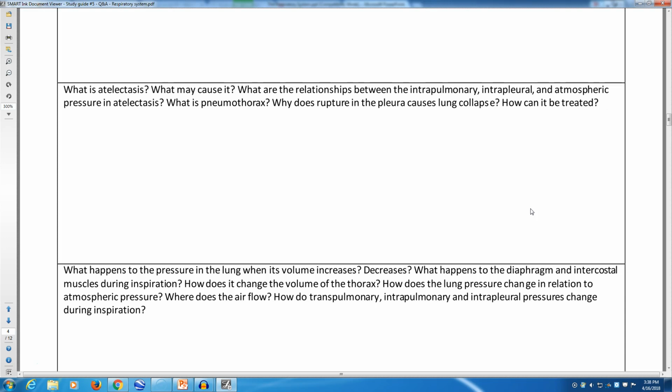So we'll stop at this for now. So intrapleural pressure is equal to atmospheric. What is the pressure in the lung? What's the number? How does the pressure inside of the lung relate to atmospheric?